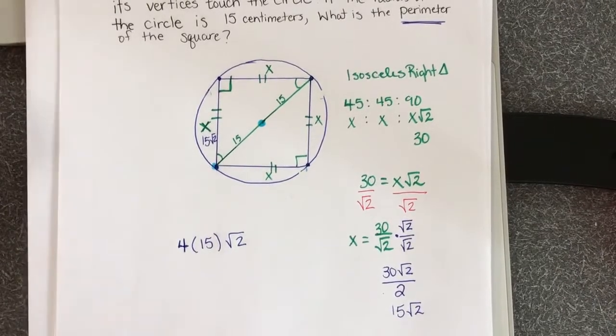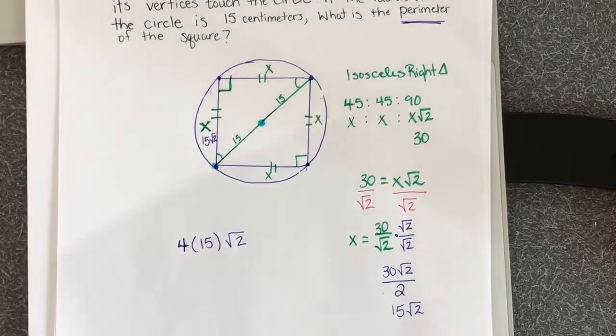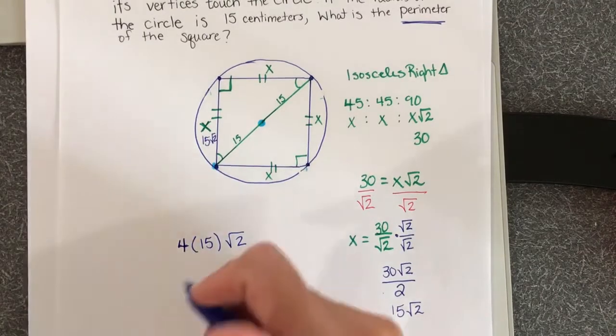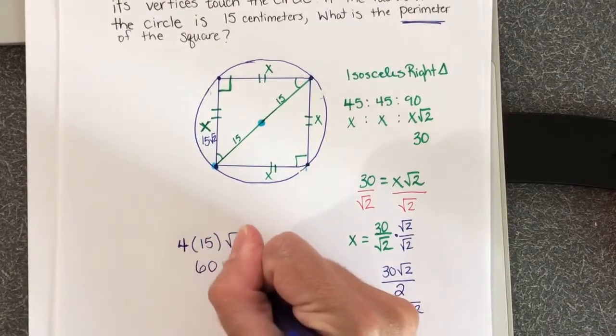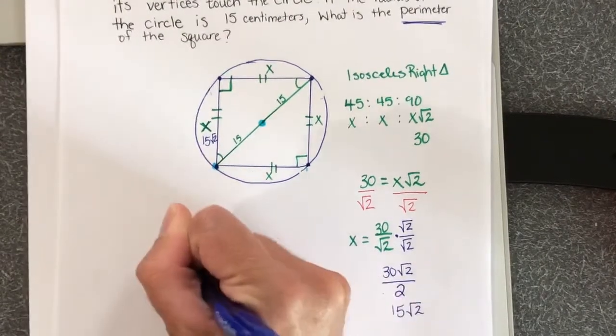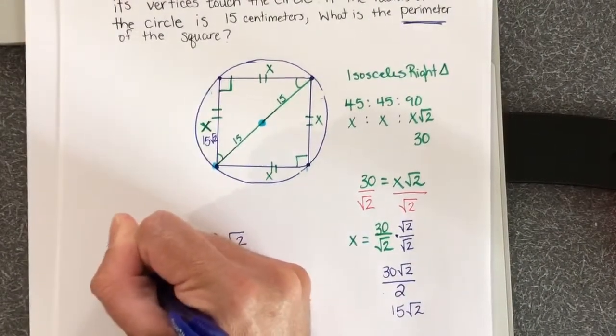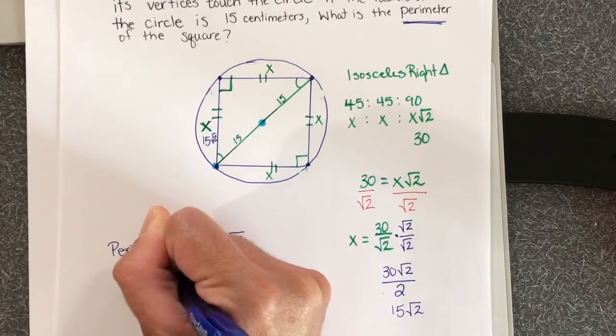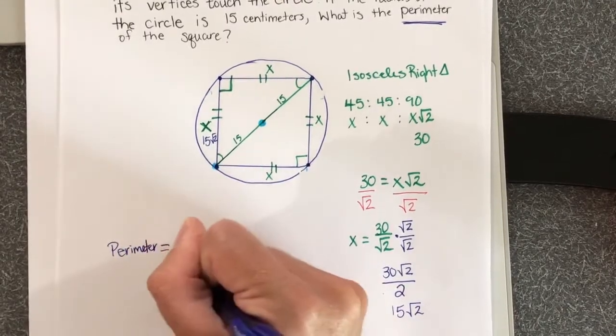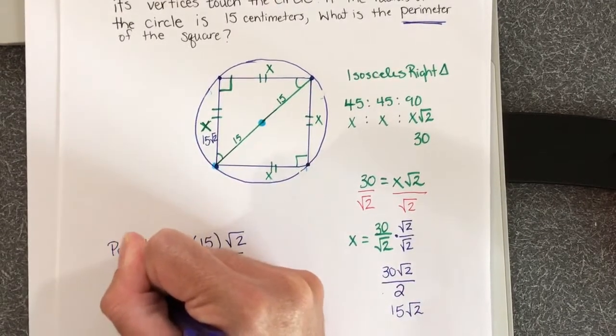And 4 times 15 is 60. So my perimeter of my square is 60 times the square root of 2.